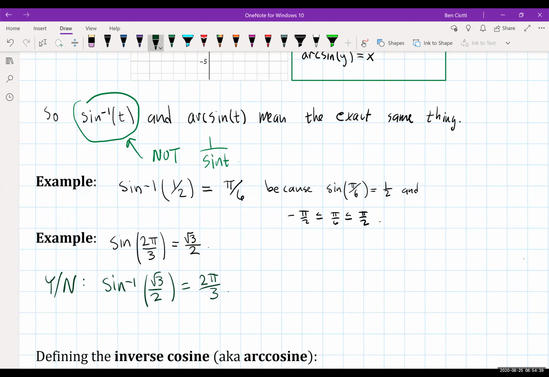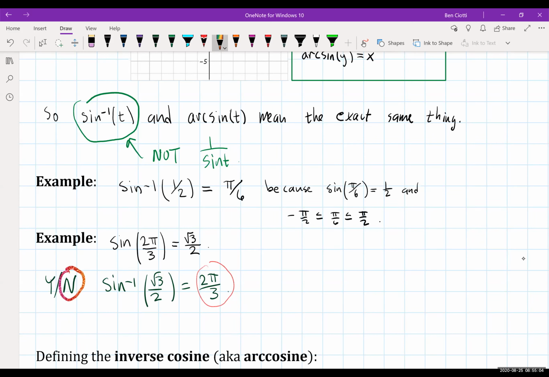So most people said the answer is yes, but is this within that permitted range of the inverse sine function? No, it's not. This could not be the output of sine.